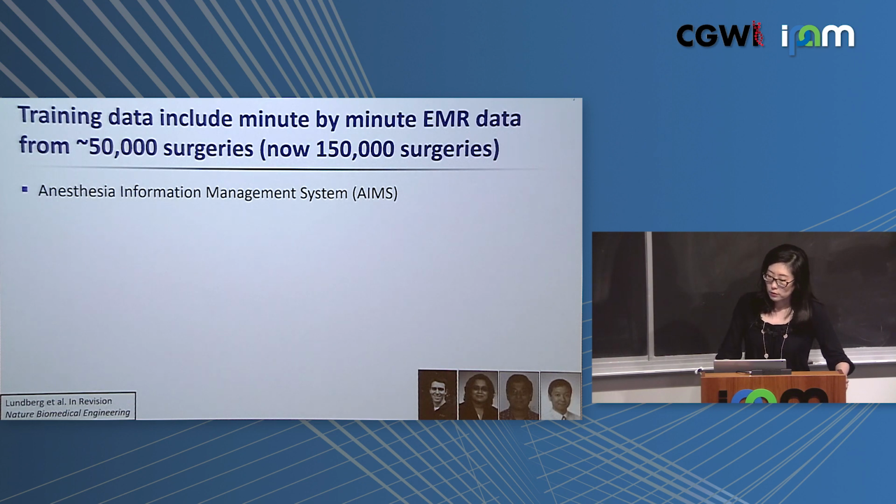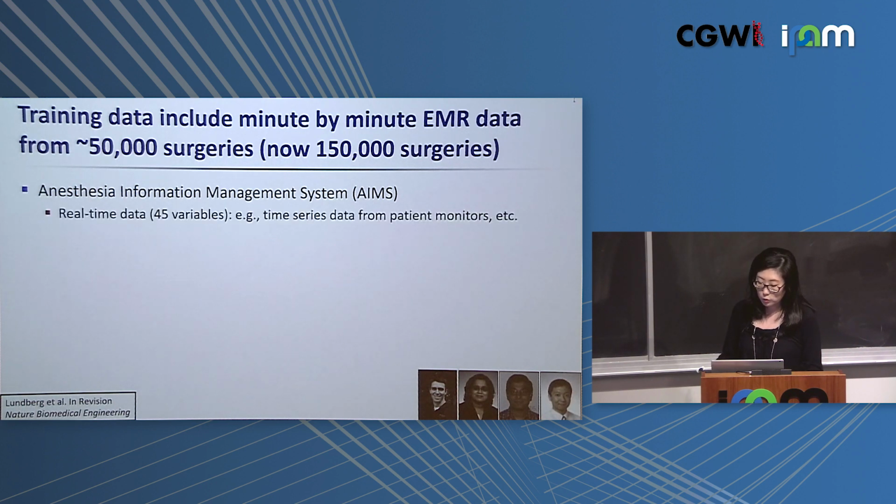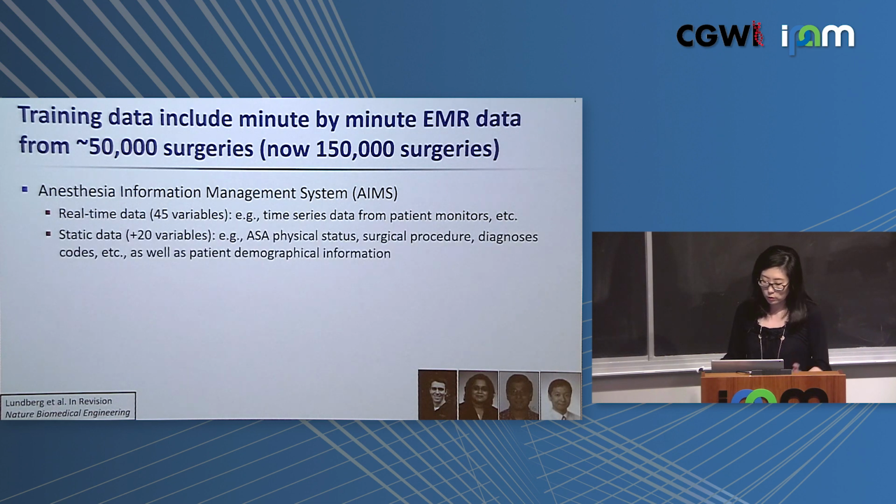This Prescience model was trained on 50,000 surgeries in the AIMS data, which consists of high-fidelity real-time data, such as the data from patient monitors and anesthesia machines, input-output fluid totals, lab results, and so on. We also used static data, such as ASA code, surgical procedure, diagnostic codes, and patient demographic information.